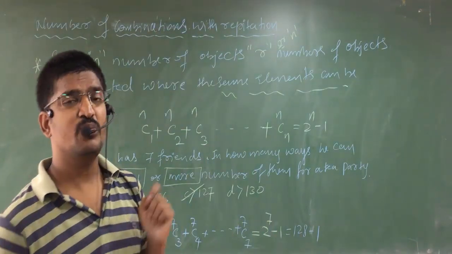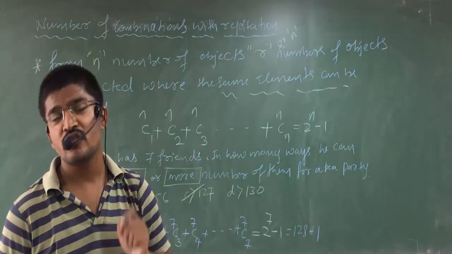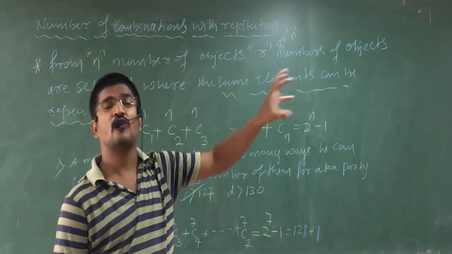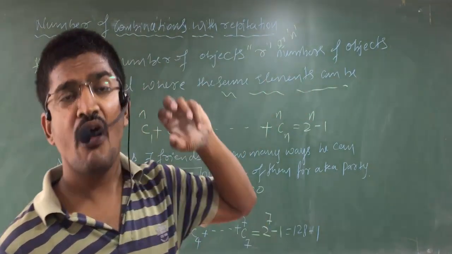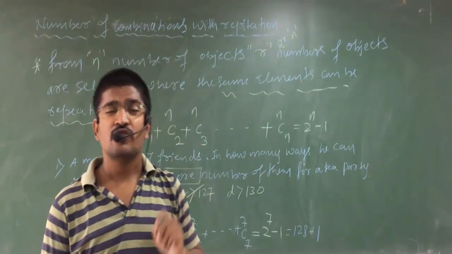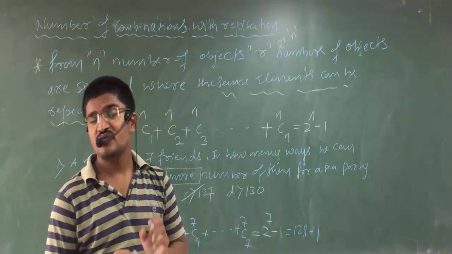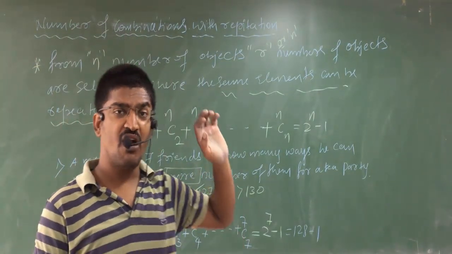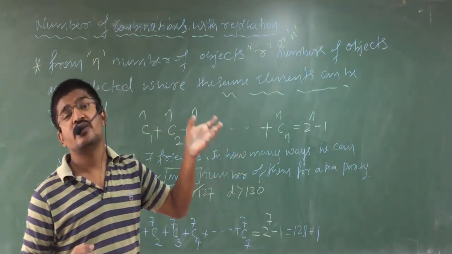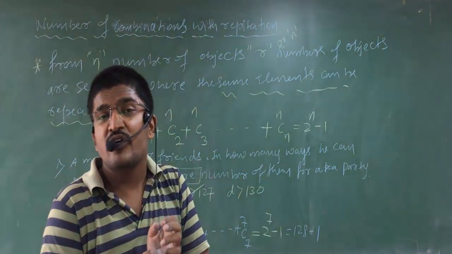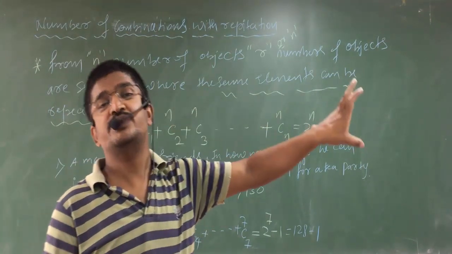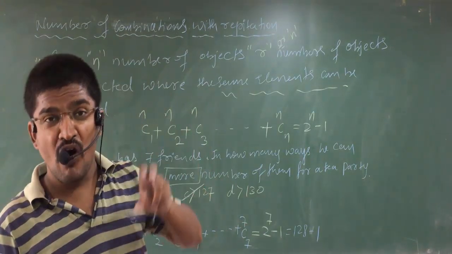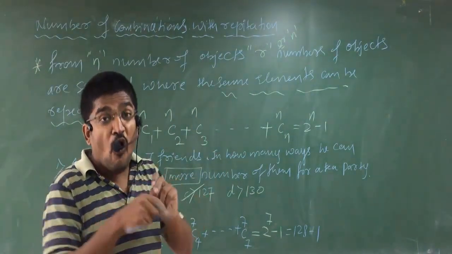Once again I am repeating this, so make a note of that. Whenever there are n number of objects, from that n number of objects we are selecting r number of objects. That means the sum of those objects, total n, that means some of the n or all the n.